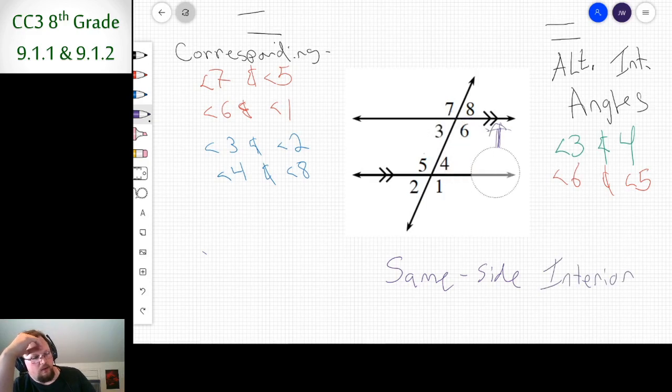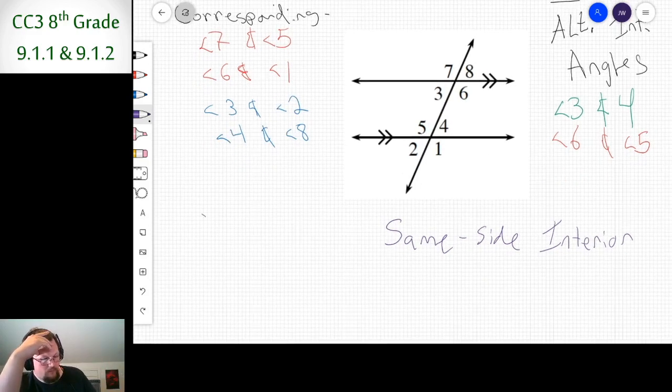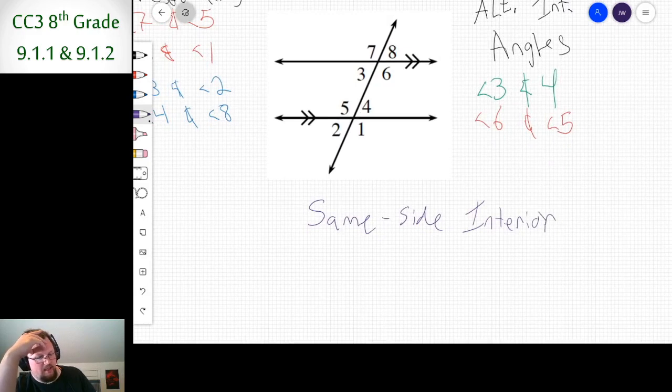Now, those two angles are clearly not the same size. 6 is obtuse, 4 is acute. They're not the same size. So same side interior angles, so angle 6 and angle 4 match that description, and angle 5 and angle 3 match that description.